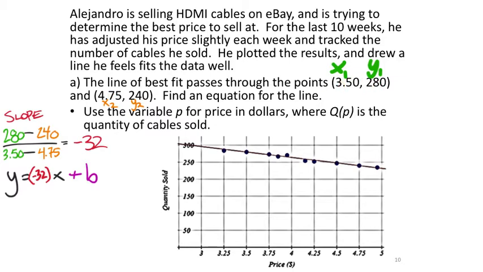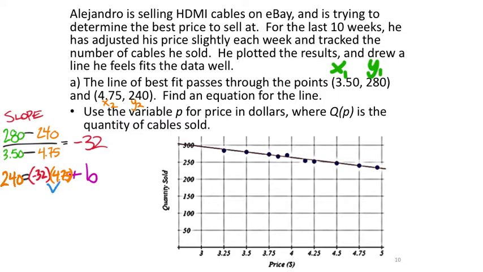It's not going to matter. It will give you the same y-intercept both ways. And I'm going to use the one in orange there, the x2, y2, just because it's, I don't know, closer. So the x value there is shown as 4.75. Fit that in. And then the y value is 240. Okay, so this becomes an equation that you can solve. And you can kind of create your own formula for this, which I think was supposed to be in the lesson, but, you know, whatever.